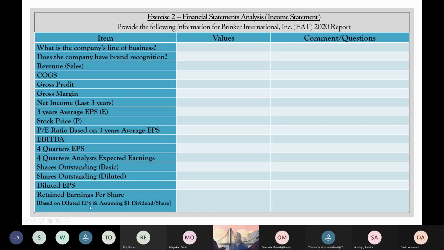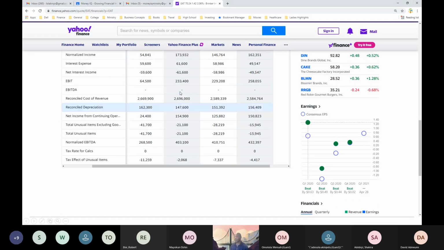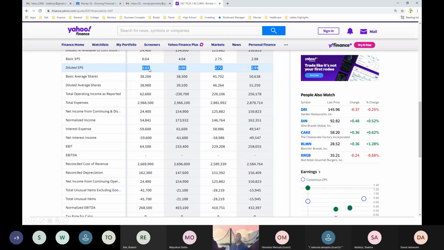So you know how much is paid out as dividend per share, all right? We all know where to see the earnings per share now, which is these numbers over here, okay? And in this particular example, I was saying, assuming they gave a dividend of $1 per share. Now, this last year, they couldn't have given $1 because they made only 63 cents per share. But the previous year, they made $3.94 per share.